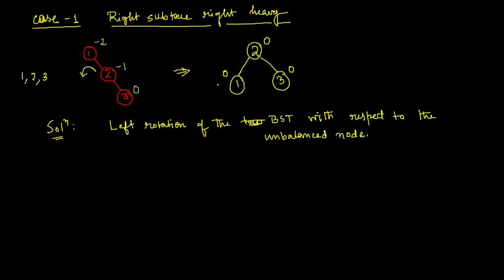And now you see this particular tree has become balanced. If you do an in-order traversal for both trees, you will find the same order 1, 2, 3. But the difference is that this is an unbalanced situation and this is a balanced situation.